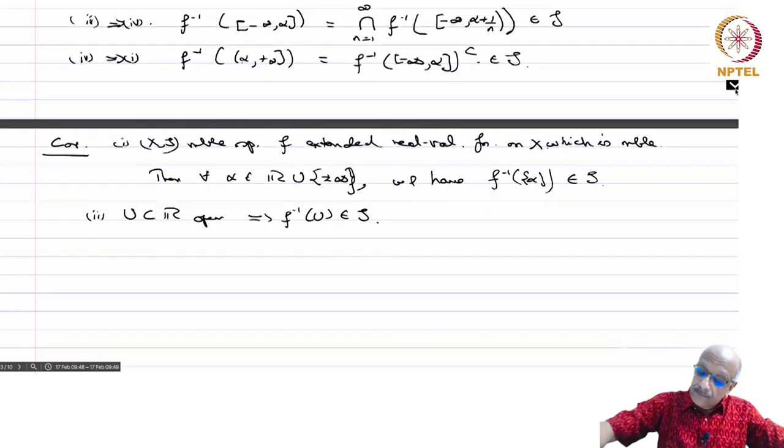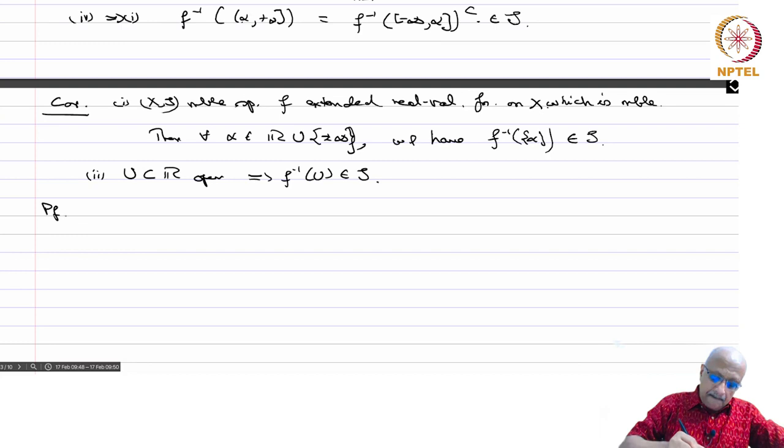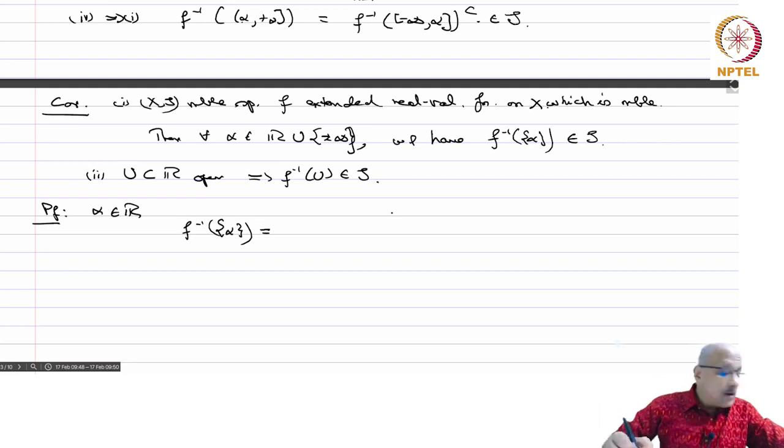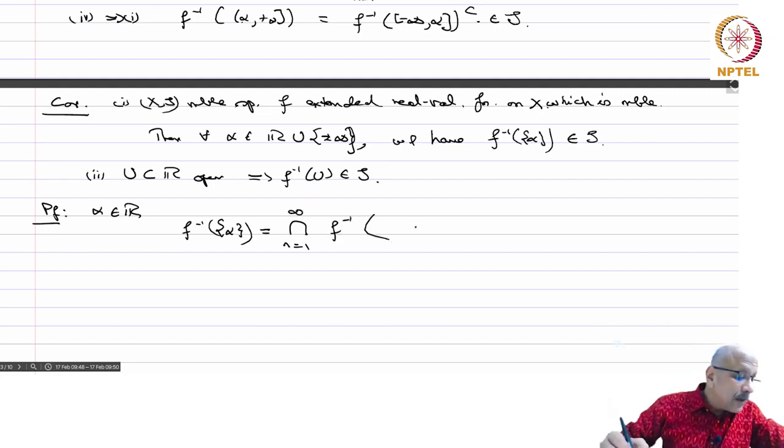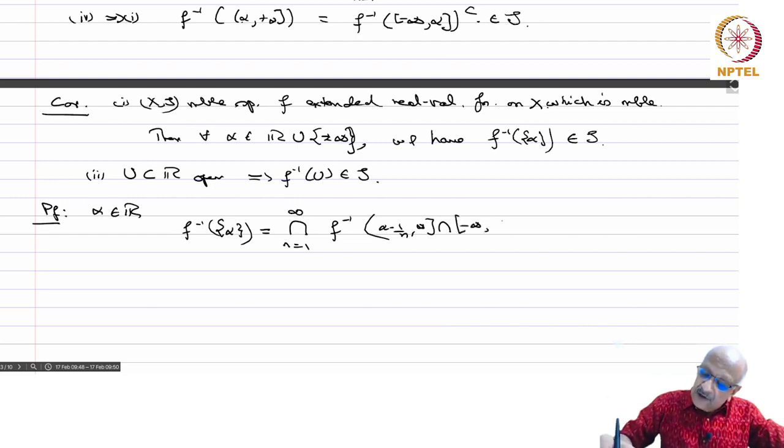Okay. Proof. So let us take alpha in R. Then f inverse of alpha is what? f inverse of alpha is the intersection, n equals 1 to infinity, of f inverse of (alpha minus 1/n, alpha plus 1/n).